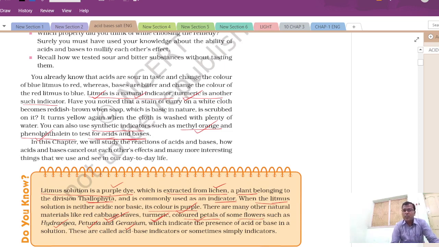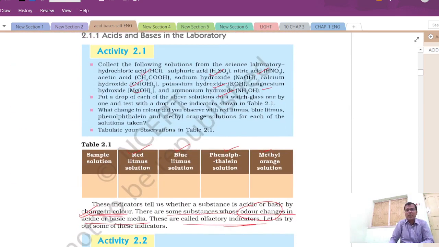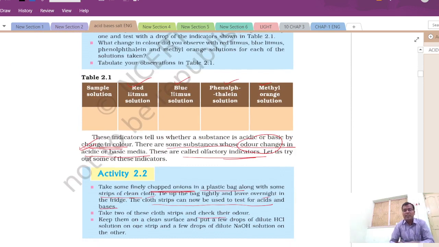Litmus is originally purple in color, extracted from the lichen plant, which belongs to the division Thallophyta. This is a natural indicator. There are some more natural indicators, such as red cabbage leaves, turmeric, and colored petals of some flowers such as hydrangea, petunia and geranium.